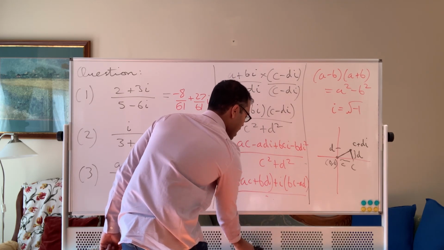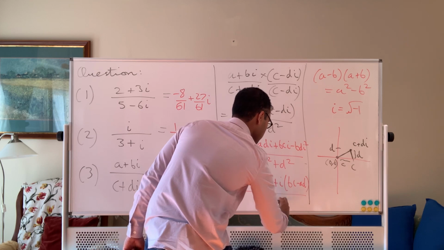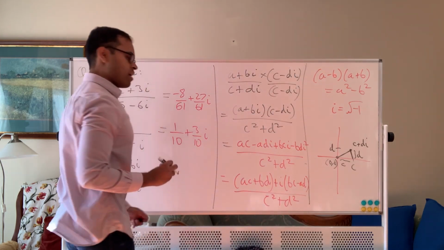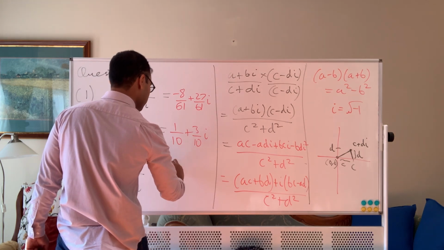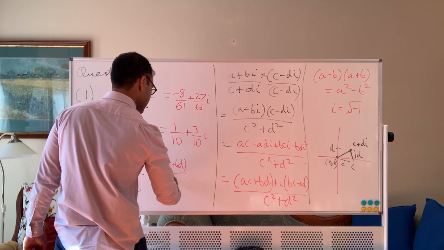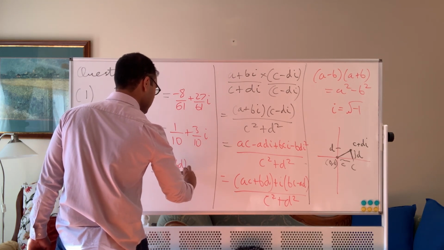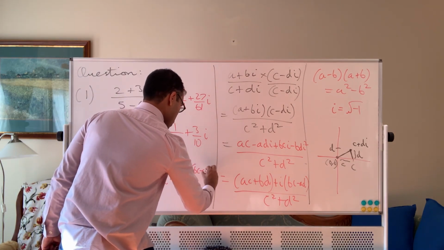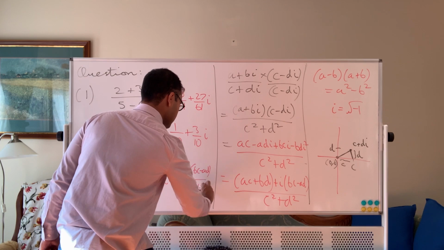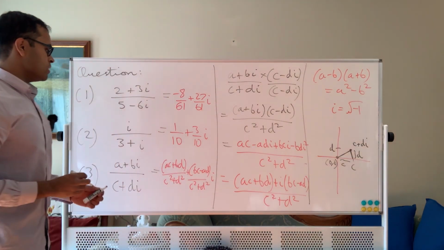And that's going to be the answer for the division. We can write that out as one nice fraction, something plus something i: ac plus bd divided by c squared plus d squared, plus bc minus ad divided by c squared plus d squared, times i.